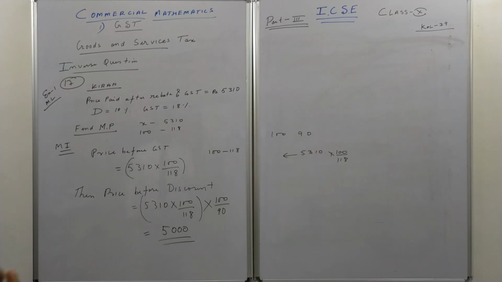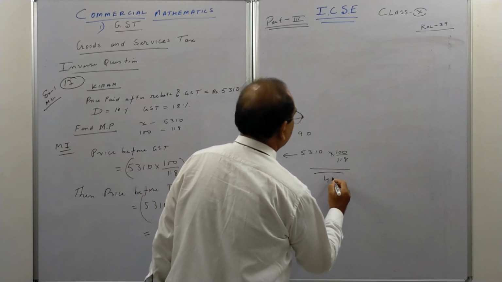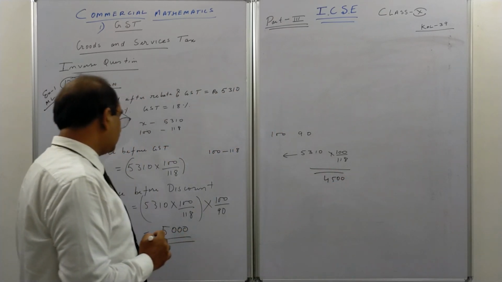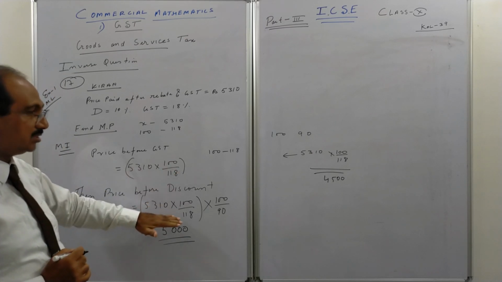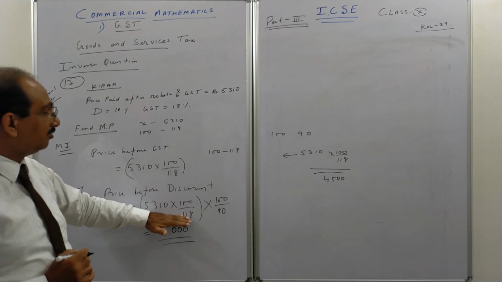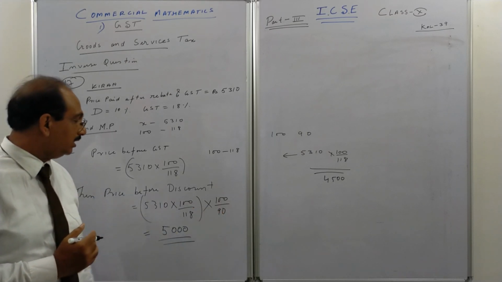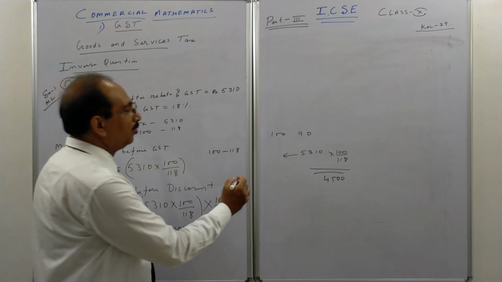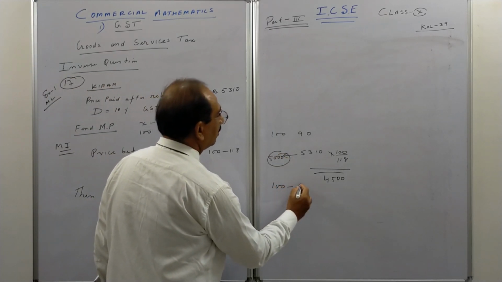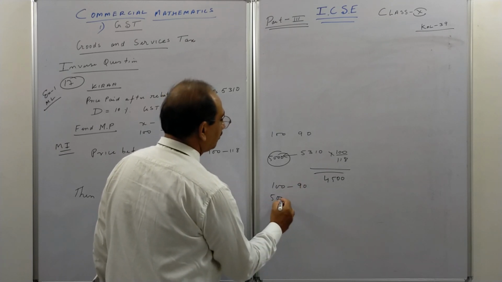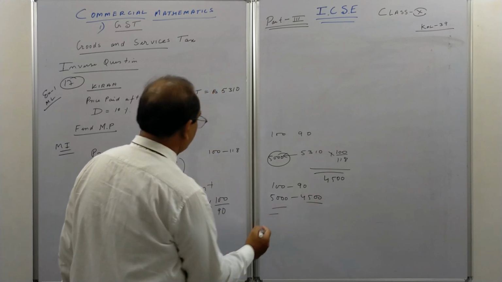So children, this is nothing but 4,500. This is the price before discount, after discount, before GST. So this is 4,500 after discount. The price before discount would definitely be more. See here, 100 becomes 90, so 5,000, 10% less, becomes 4,500.